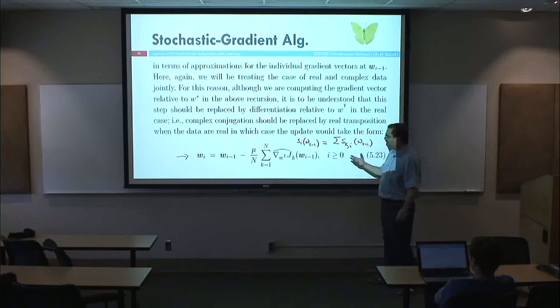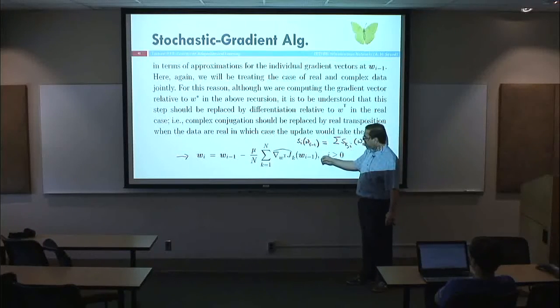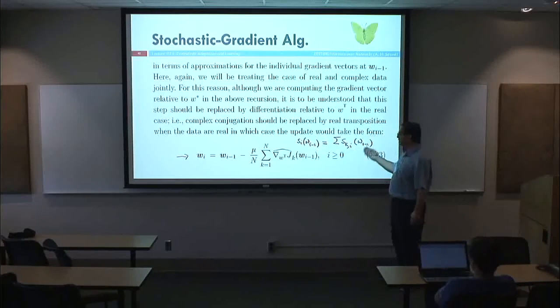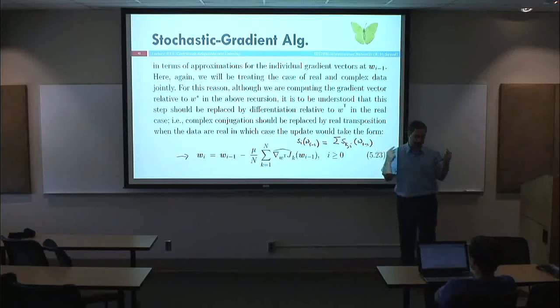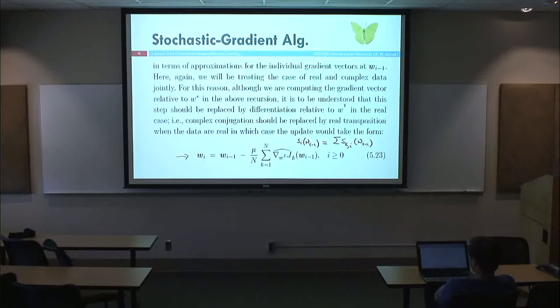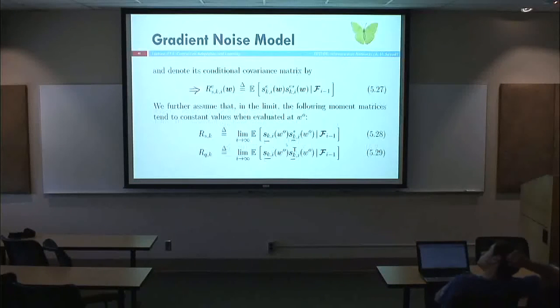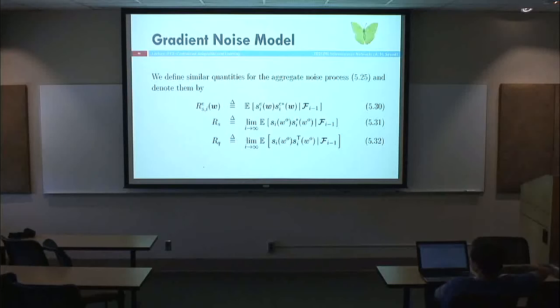And if I can find what the covariance matrix of the aggregate gradient noise is in terms of the individual covariance matrices, if I can find what the extended covariance matrix of this is, then I have the solution. I just can call upon results from before. So this is what I'm going to do now. I'm going to find out what the covariance matrix of this noise is, in terms of the individual covariance matrices. So let's do that calculation.